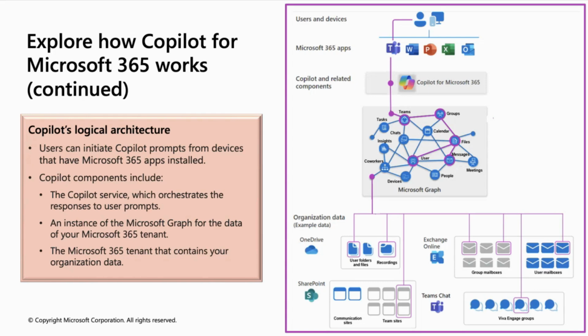Now Copilot grounds the input and consults Graph for the related data. Then it combines user data and the relevant sources and refines the question. Copilot uses an LLM to generate an initial answer. That answer undergoes further refinement, including checks against Microsoft Graph, evaluation for responsible AI practices, and security and compliance assessment.